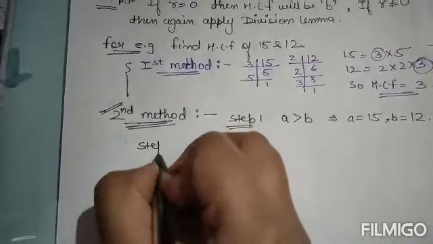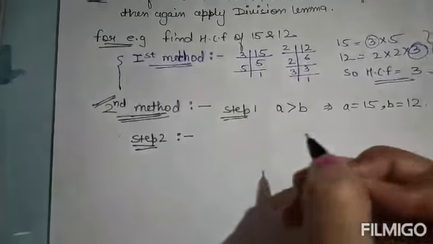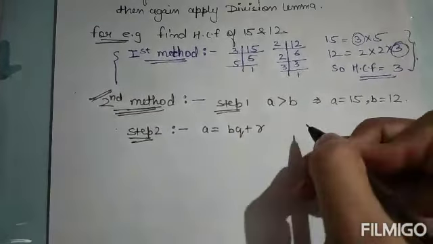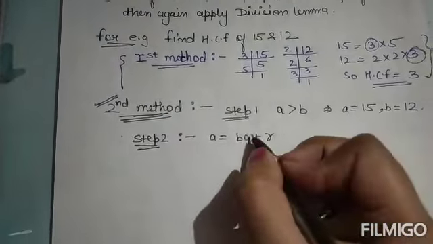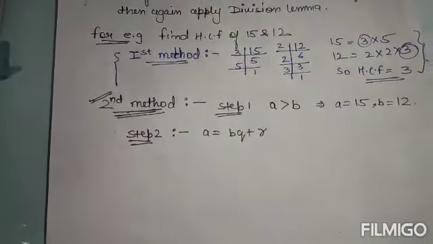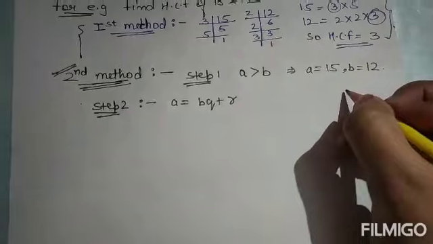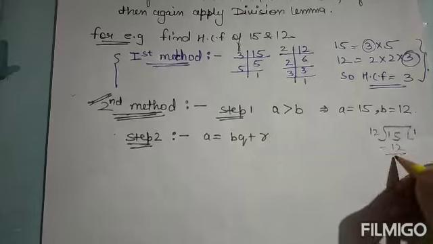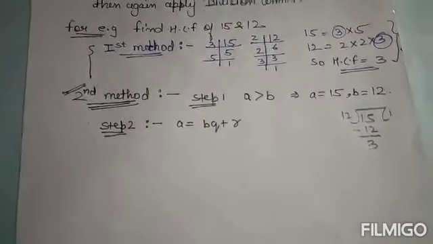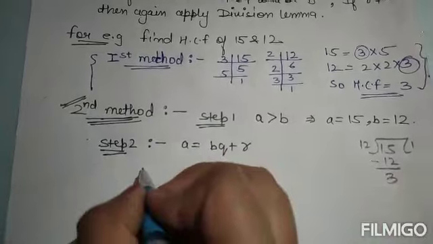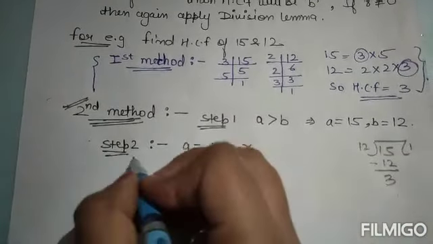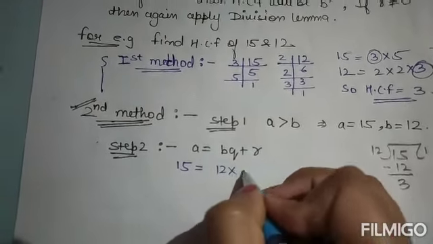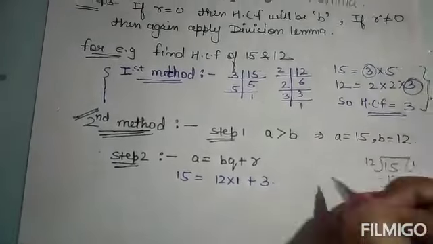Now step 2, you have to write it in the form of Euclid's division lemma, which is A equal to BQ plus R. And how will you get Q and R? Just roughly divide it. If we divide 15 by 12, the remainder will be 3. Is the remainder 0? No. Write it in the form of 15. A is 15, B is 12, Q is 1 plus remainder 3.